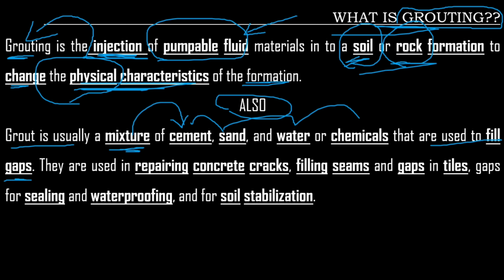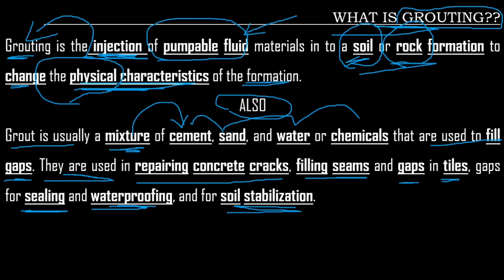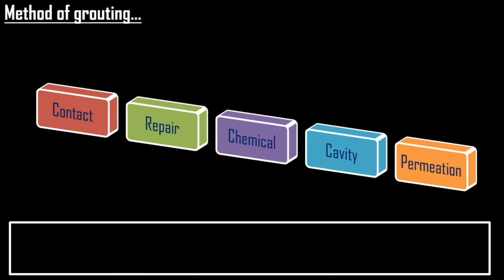So these techniques are used for repairing concrete cracks, filling seams or gaps in different types of tile work, sealing gaps for waterproofing, and for soil stabilization. Clear? So when we use grouting for repair work, these are the different conditions where I need to repair. This is the definition of grout and grouting.